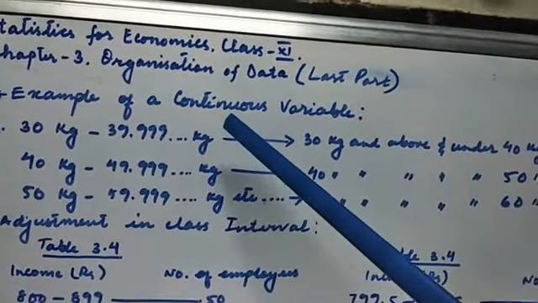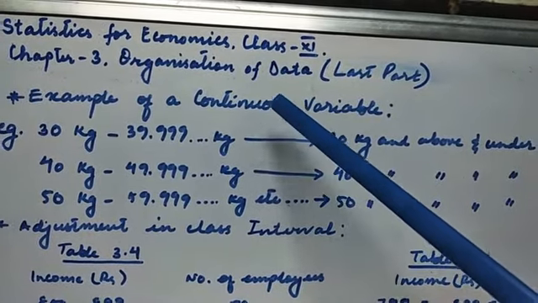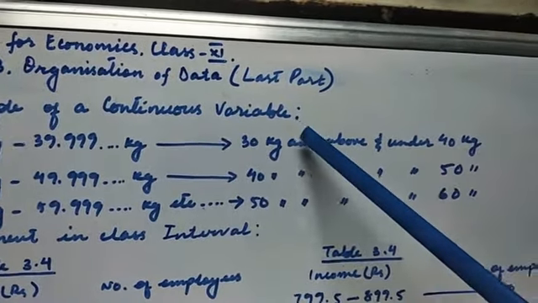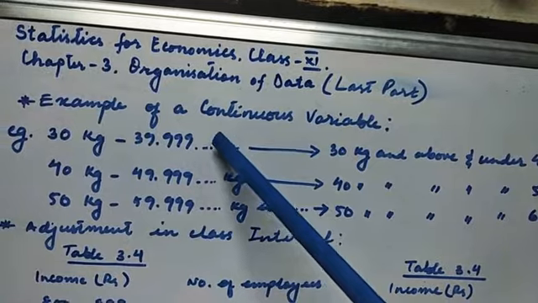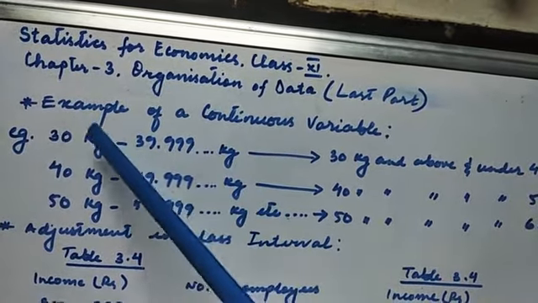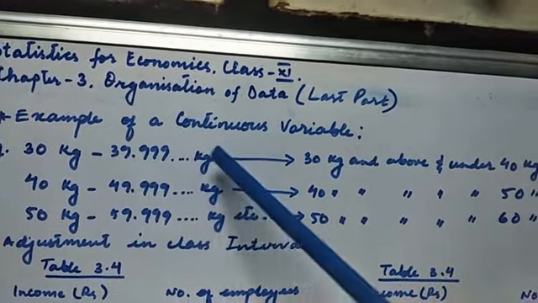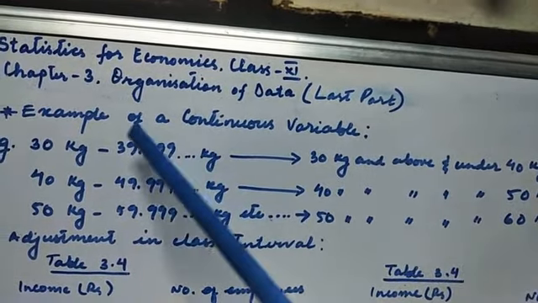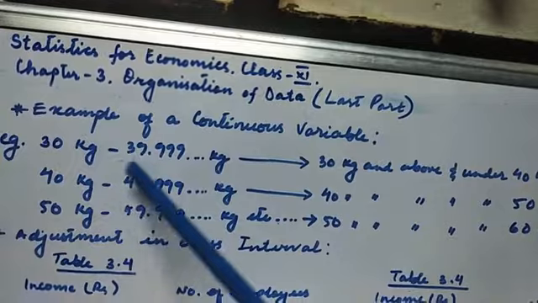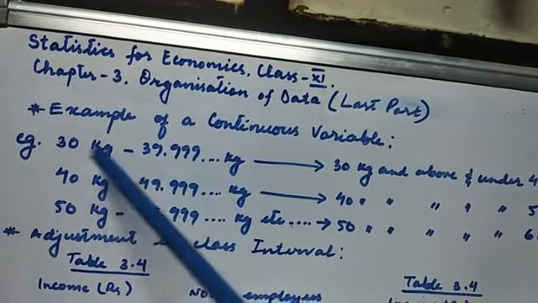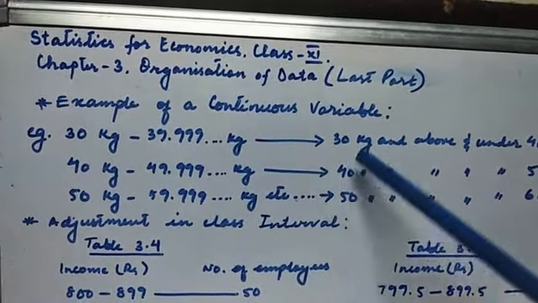Whatever value is 30 kg or above and under 40 kg will be included in this class. That will be the frequency.